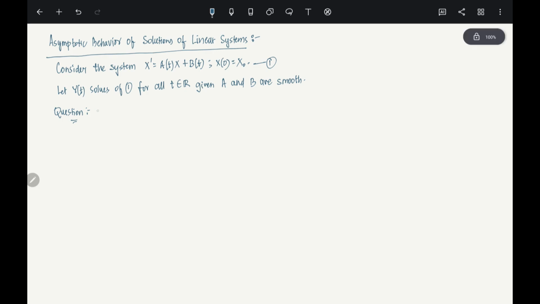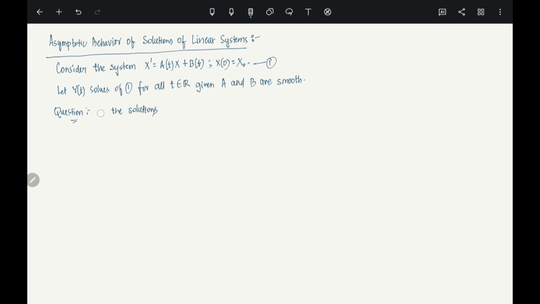So the question is, does all or some solution, so for now I'm just writing all the solutions. In this case it's a unique solution, so all the solutions is just the solution.